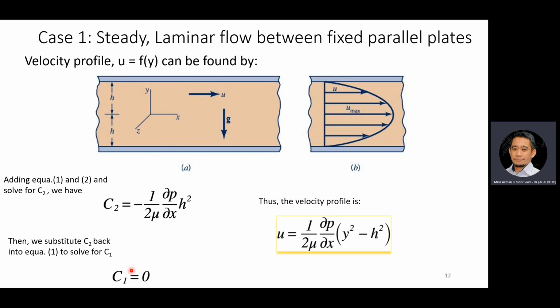So this is the velocity profile. Remember, we want to find the expression of u, or call it the velocity profile: u equals 1 over 2 viscosity, partial p over partial x, times y squared minus h squared. That's the velocity profile.